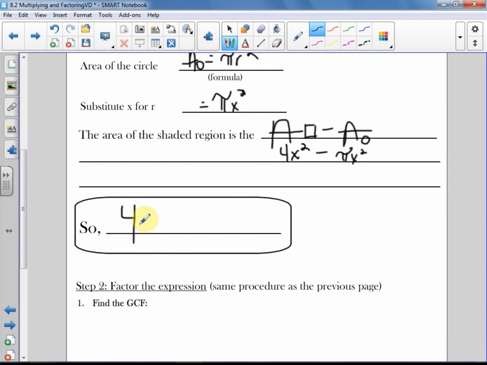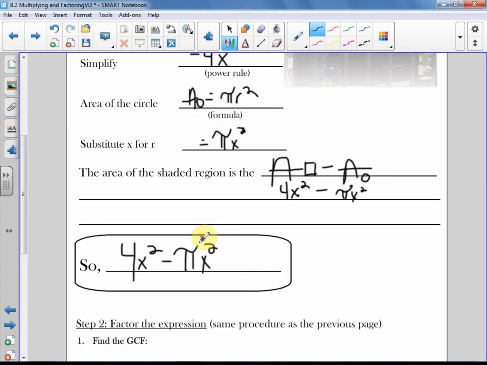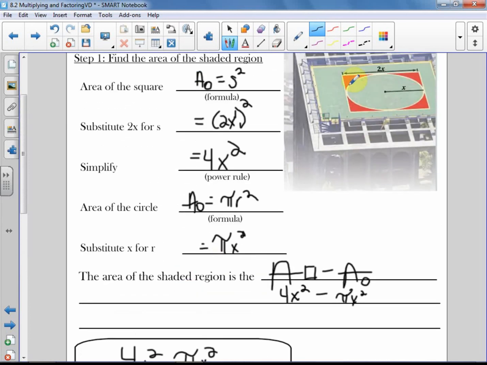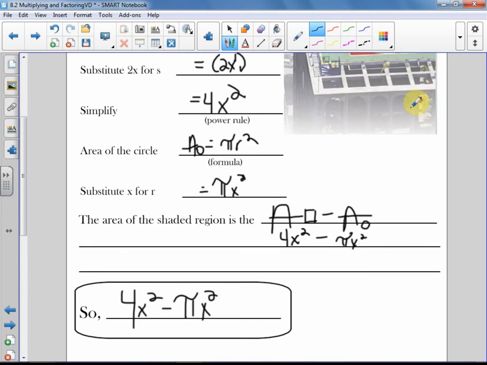So 4x squared minus pi x squared. That is going to be the area of the shaded region.